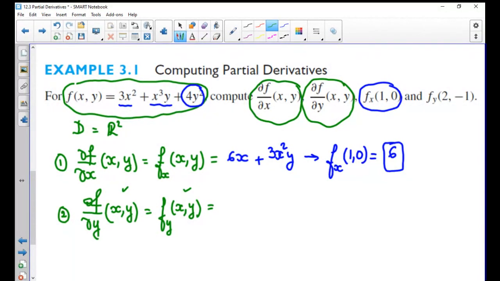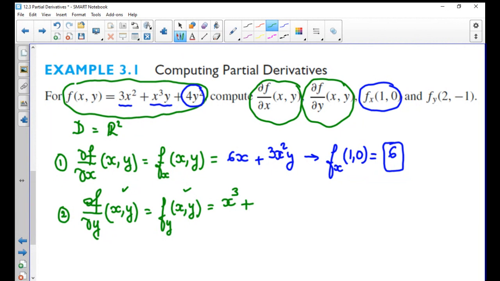And then the next term. Okay, what is the derivative of y with respect to y? 1, yeah? It's like when you differentiate x, what is the derivative of x with respect to x? 1. So here you will get x to the power of 3 and then plus 8y, yes? Everyone okay with 8y?